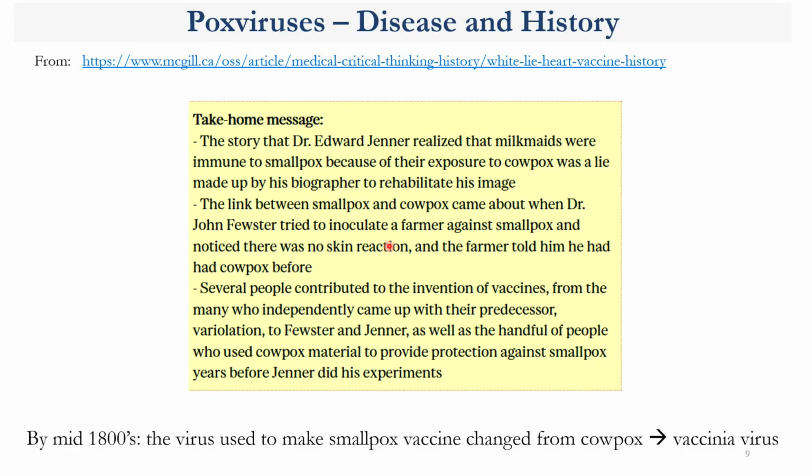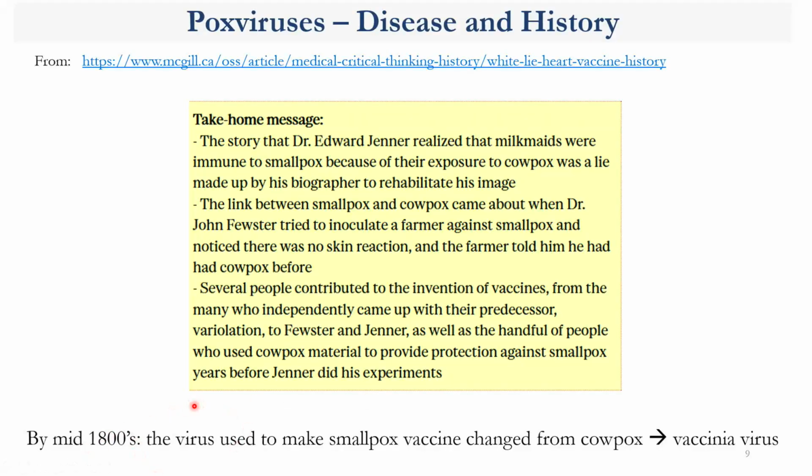What they did was they tried to inoculate a farmer against smallpox, and from there on, they saw that there was no skin reaction. And the farmer then told them that he had cowpox beforehand, okay? So that link, again, shows up, and eventually, what you can say is that several people did contribute to the invention of the vaccines, okay?